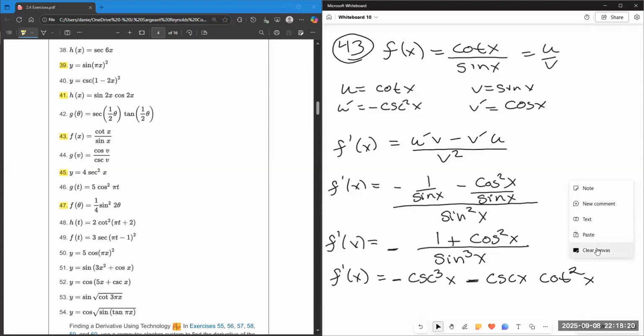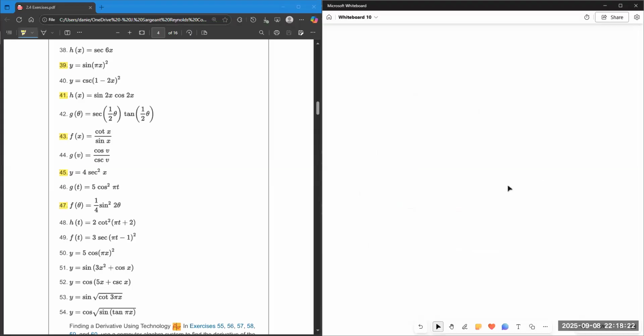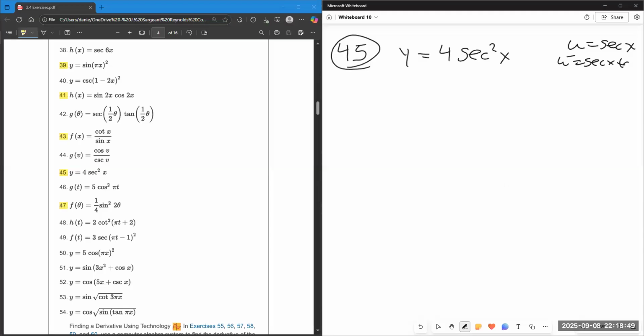So let's look at number 45 now. 45 is y equals 4 secant squared x. So u is secant x, u prime is secant x tangent x.